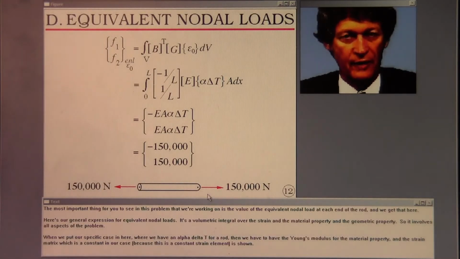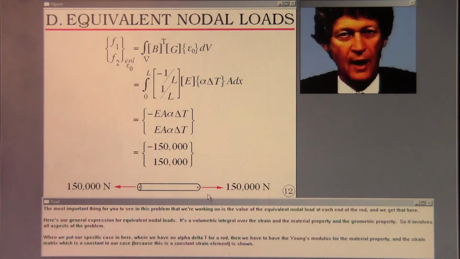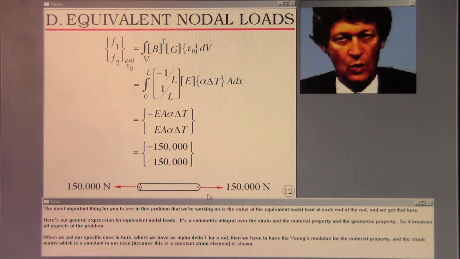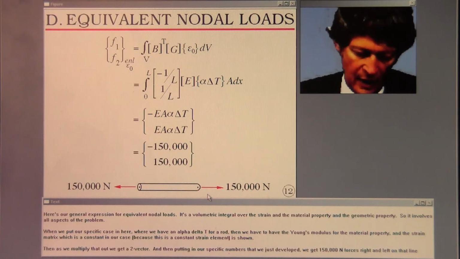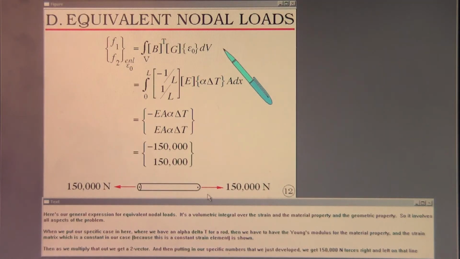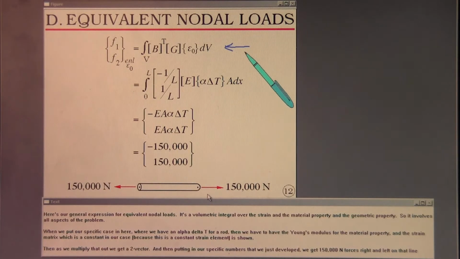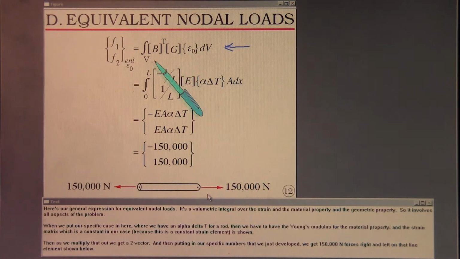The most important thing for you to see in this problem that we're working on is the value of the equivalent nodal load at each end of the rod, and we get that here. Here's our general expression for equivalent nodal loads. It's a volumetric integral over the strain and the material property and the geometric property, so it involves all aspects of the problem.